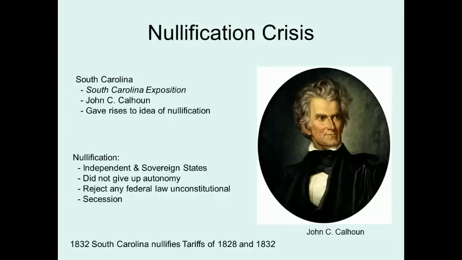Calhoun, in writing this, is grappling with a serious problem of political theory. And this political theory problem is, how do you protect the rights of a minority in a government based on rule of the majority? How can you do that? How can you protect minority rights if we are in a system where majority rules?